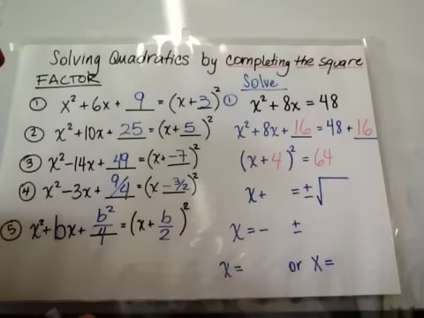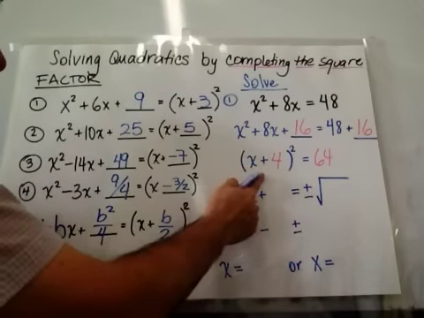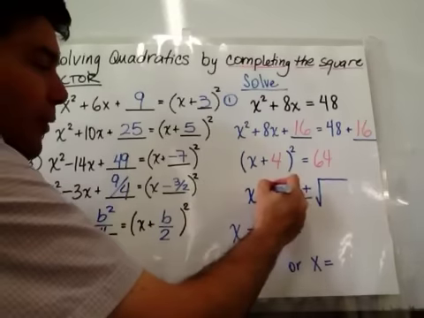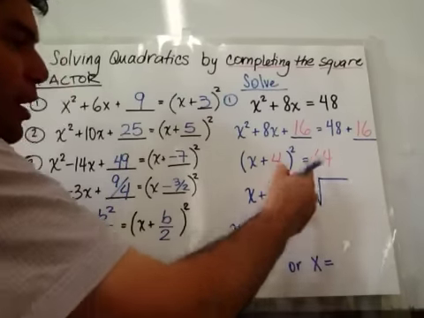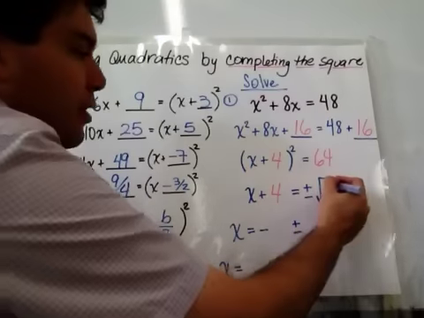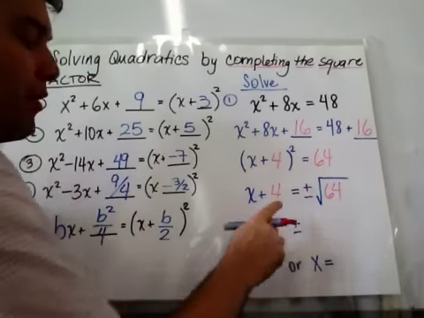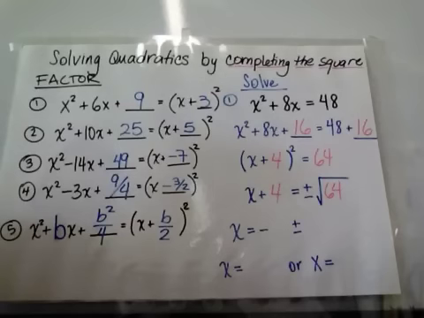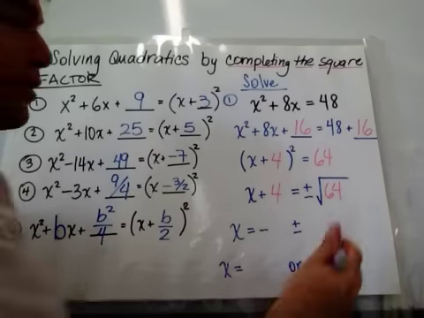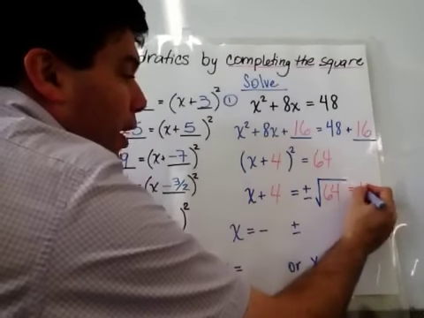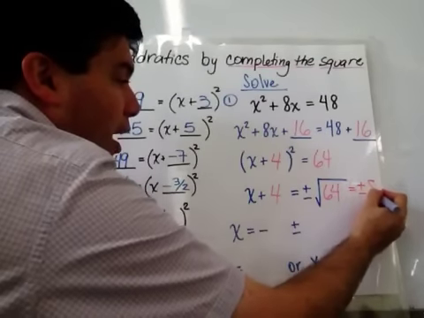It's something squared, so we take the square root. The square root of this cancels the square, so here we have just x plus 4. And here the square root of 64. Always remember to put the positive or negative. Now the square root of 64 is 8, so this is positive or negative 8.